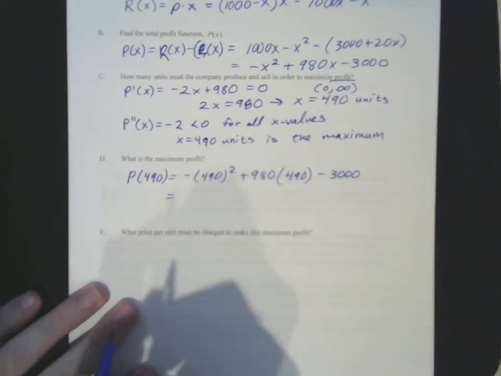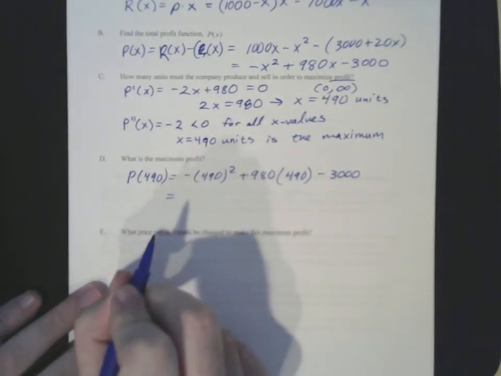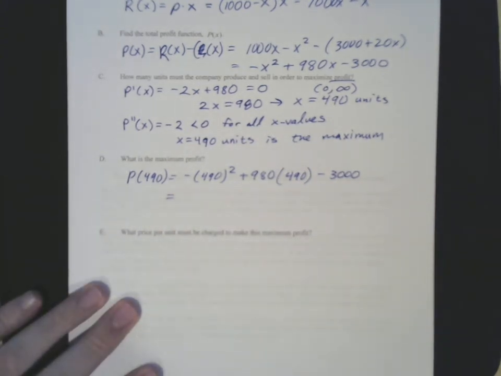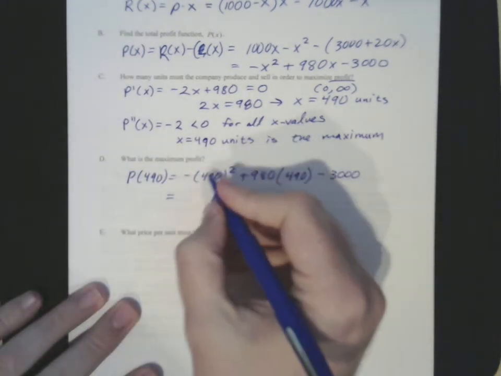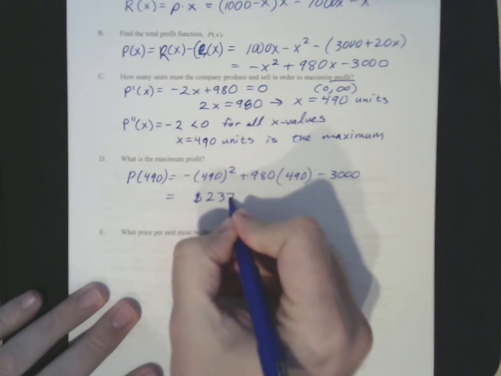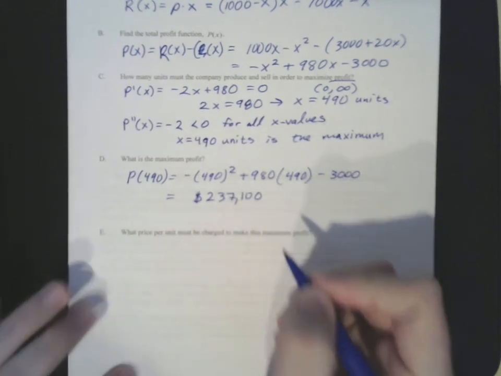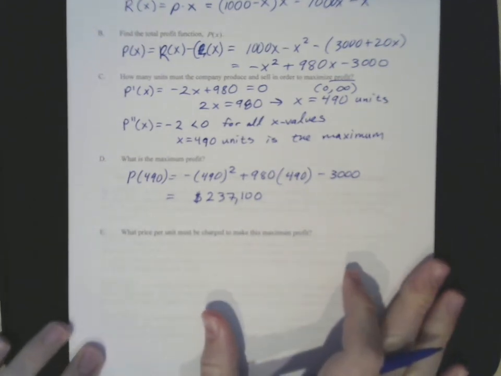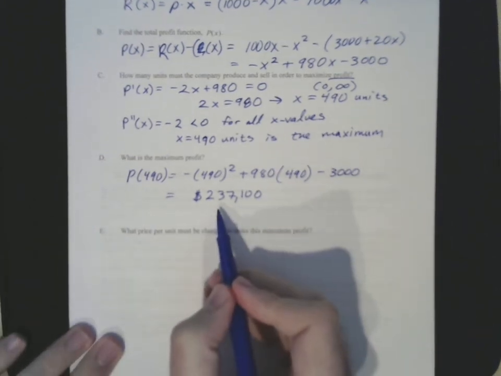And if you haven't already, I recommend you take a look at the link I sent you about getting a free TI emulator for 6 months, so you have a graphing calculator on your computer. And our max profit then is going to be $237,100. So that's our max profit.